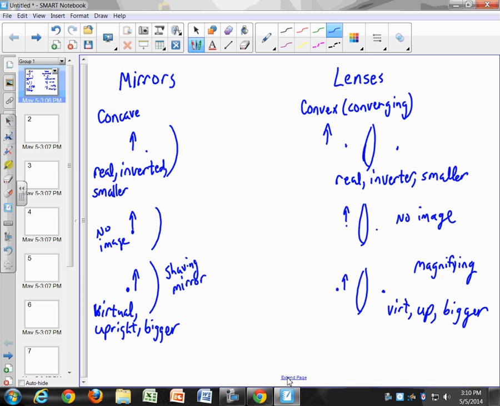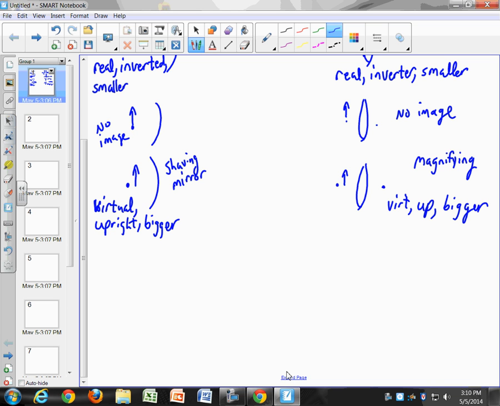And then you also have the convex mirror. So this is the second class of devices, and these are diverging mirrors or lenses. This is a convex mirror. And this is a concave lens.